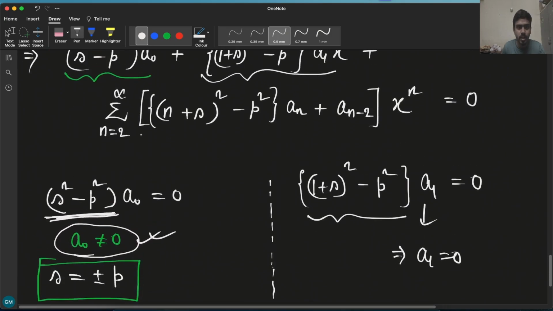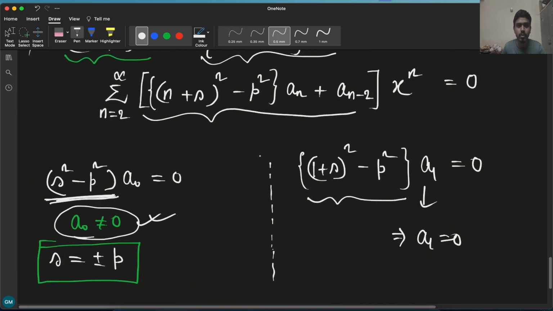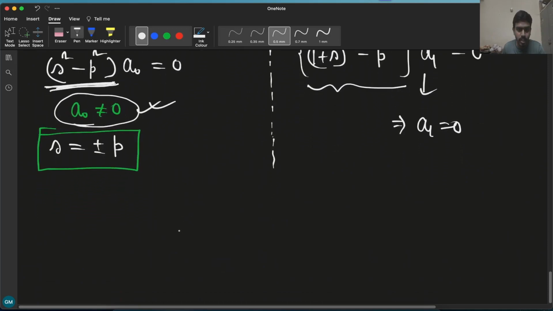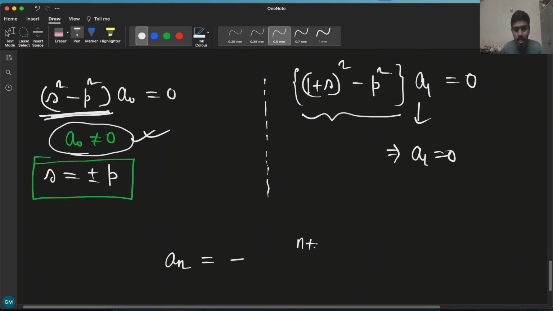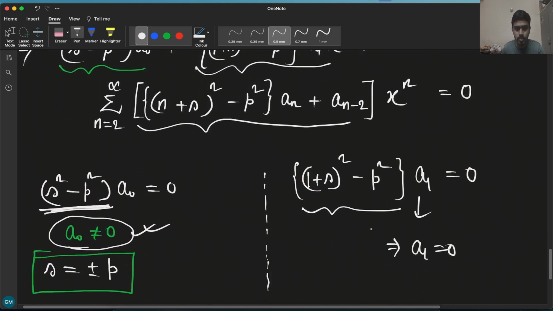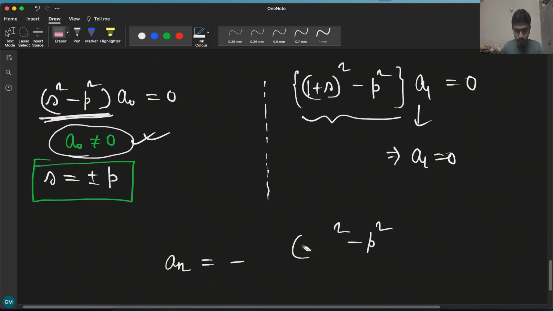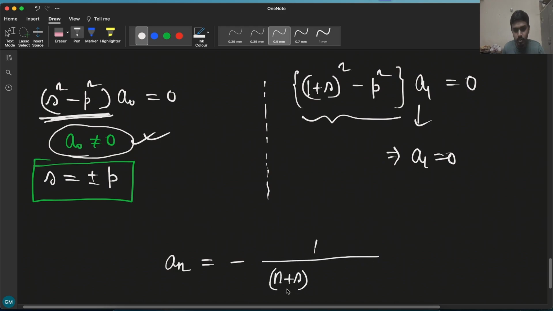Now let me make this coefficient equal to 0. In that case, it gives me an equals to minus 1 by (n plus s) whole square minus p square times a(n minus 2).